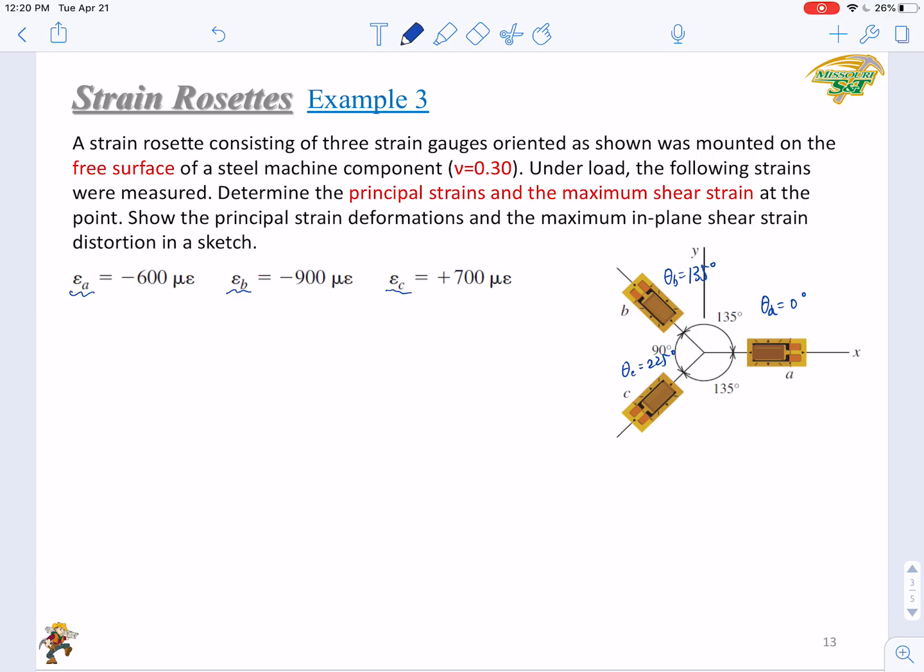So based on the strain rosette equation, we can write three equations.